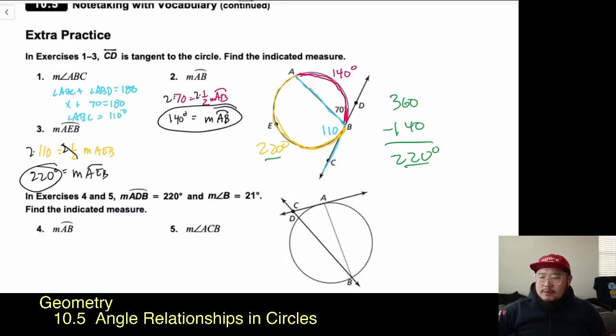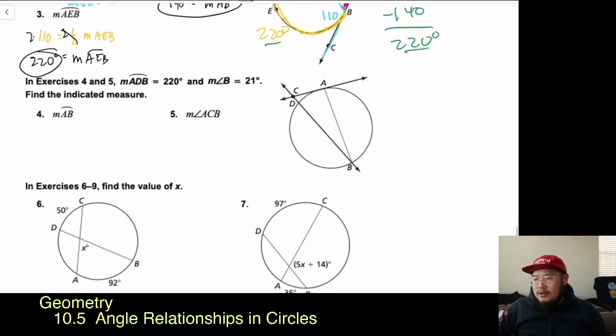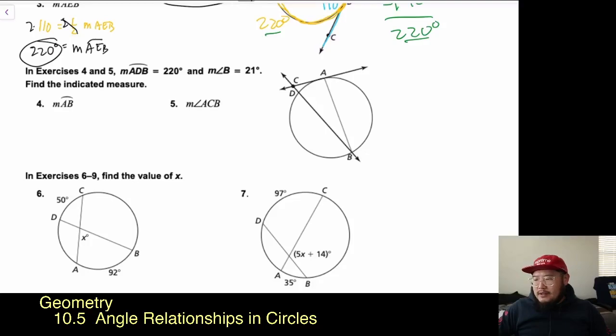Let's go next up to number 4 and 5. So it looks like right here we've got a point outside the circle. Excuse me. We have a secant and a tangent. So let's see what we could do here. They give us some information. It says that arc ADB, all the way right over here to B, is 220.